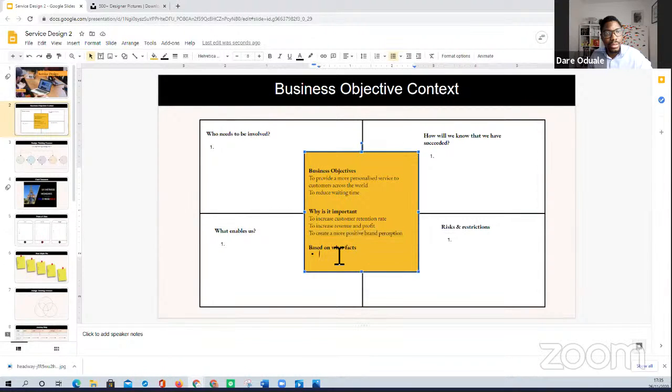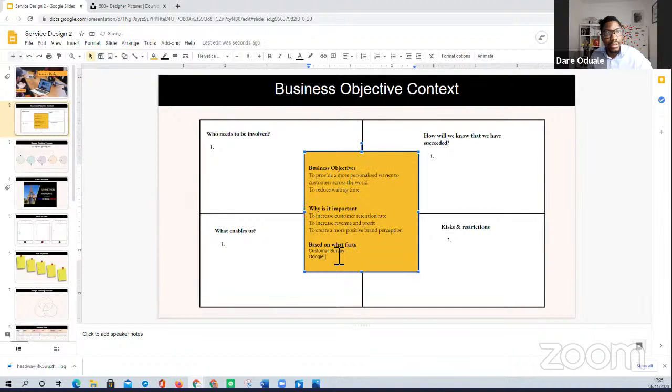Anyway, so based on what facts are we doing all this now? So let's just assume that we've done some customer survey, and then we believe that customer survey, Google reviews, or let's just say online reviews. Those reviews could come from anywhere. So this is where we've gotten our facts from.